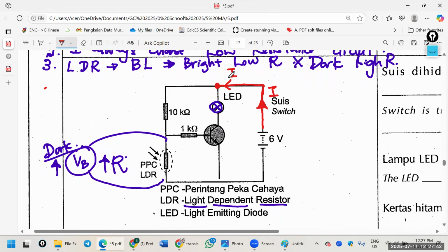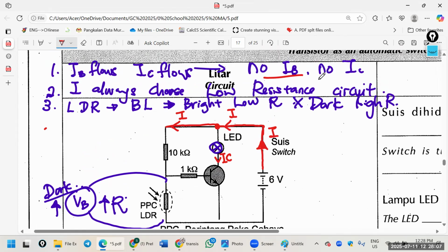Okay, the answer is go straight first. Why not go down? Because going down actually is IC. As I said before, no IB, no IC.